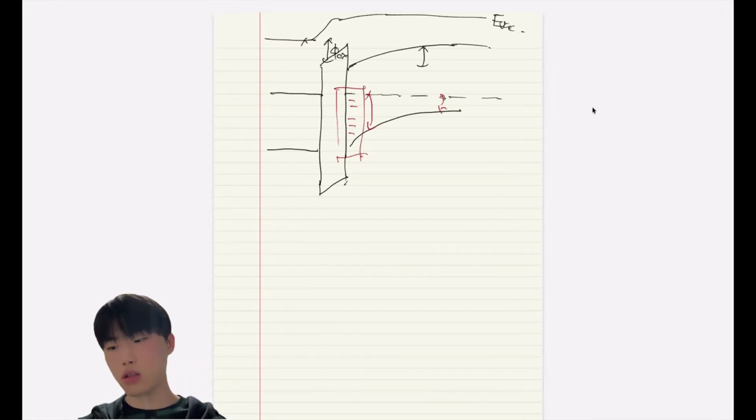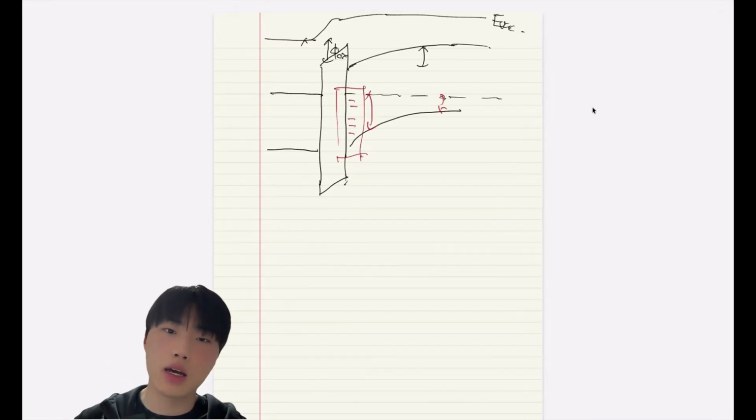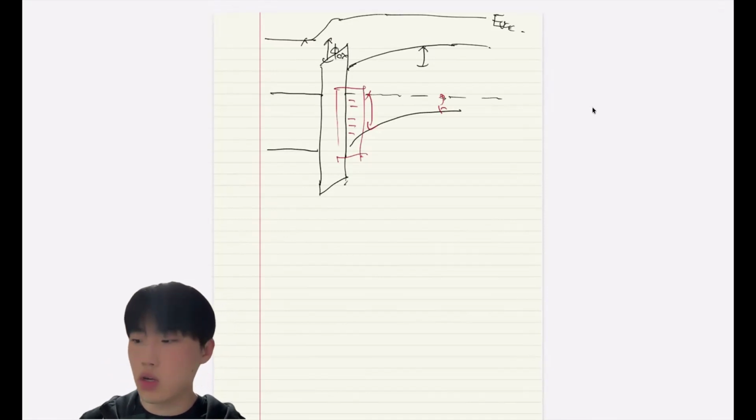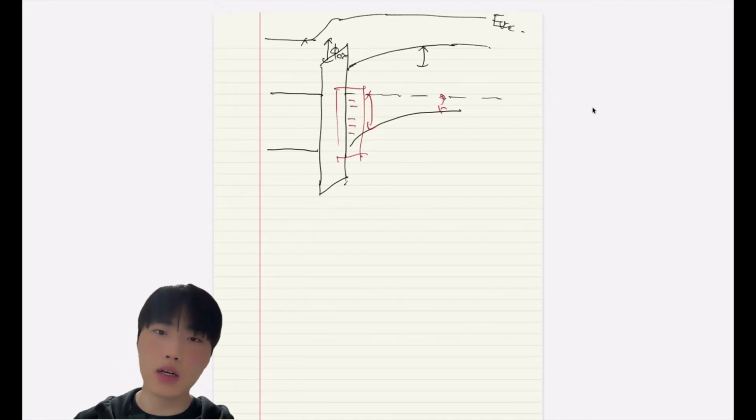So the N plus poly has some metallic characteristics, so we suppose it doesn't bend. There is no gradient on the gate side, and the gradient on the oxide part will be phi sub ox.